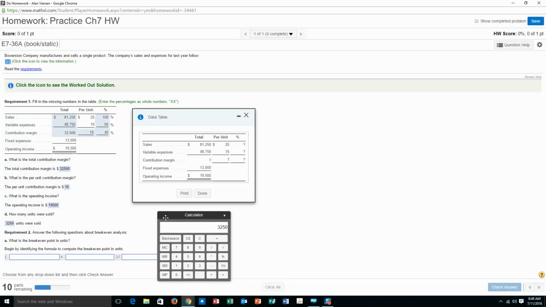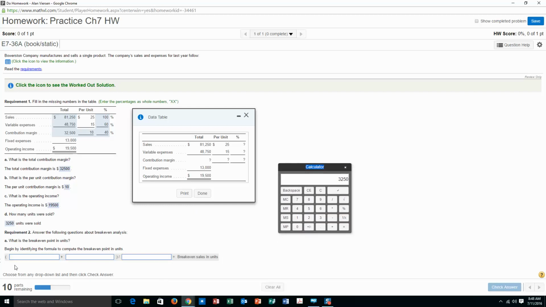Requirement number 2 then says begin by identifying the formula for the break-even point in units. Break-even is going to be the fixed expenses plus any operating income that you're requiring, which in the case of a break-even problem is always 0.